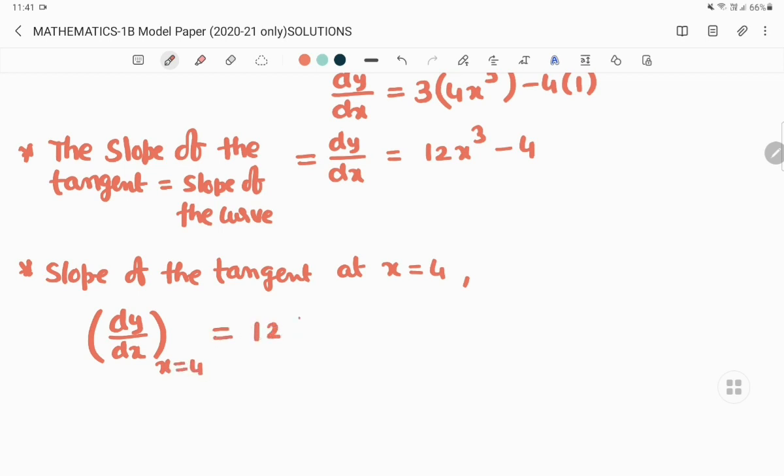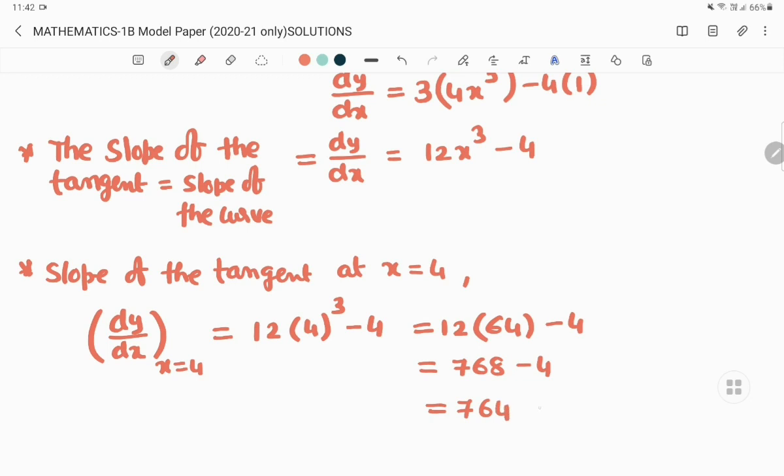So 12 into, in place of x substitute 4, minus 4, that is equal to 12 into 4 cube, 64, minus 4. So 64 into 12 is 768, minus 4, which is equal to 764. Therefore, the slope of the tangent at x is equal to 4 is 764. This is the required answer.